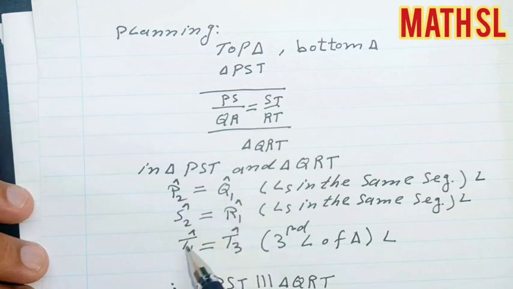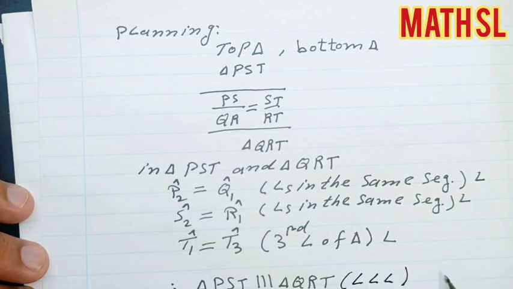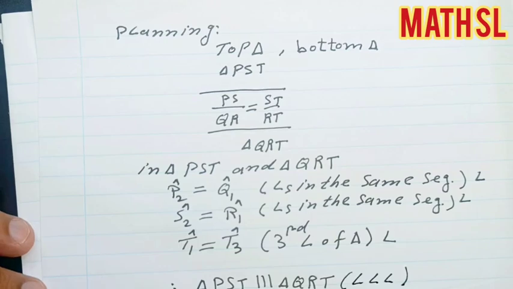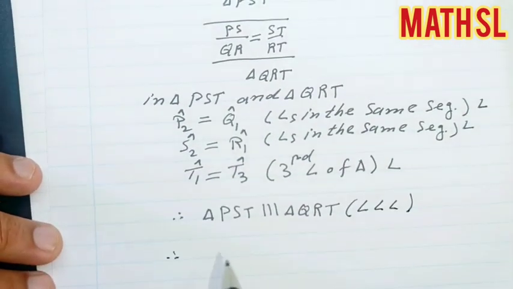You can also say TSP, TRQ. So pay attention to the letters. So we say PST and then QRT. So they are similar triangles, and the reason is angle, angle, angle. Now we have finished the proof.